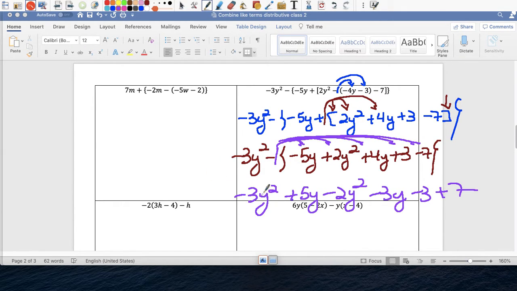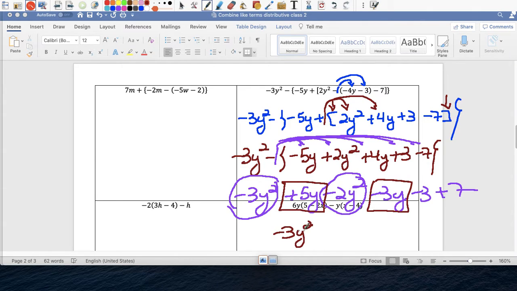Now to combine like terms, there are like terms. These two are like terms. Just remember to circle the term and the sign that comes right before it. So we have negative 3y squared minus 2y squared plus 5y minus 3y minus 3 plus 7.